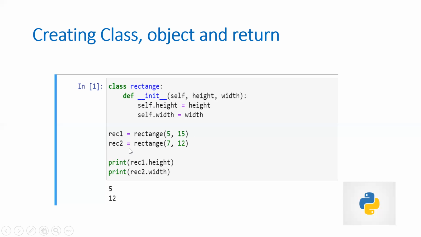If someone passes a string value here, or assigns some invalid value, like a negative value or a string, these are not possible properties of a rectangle.